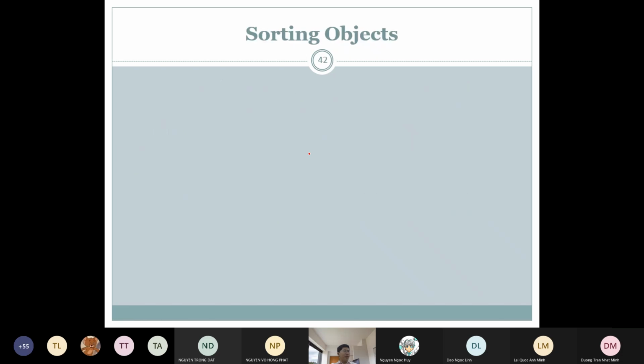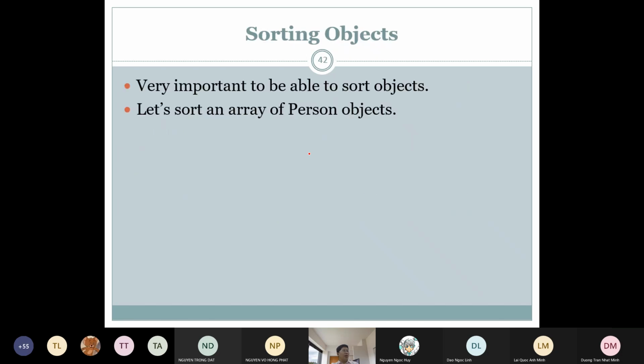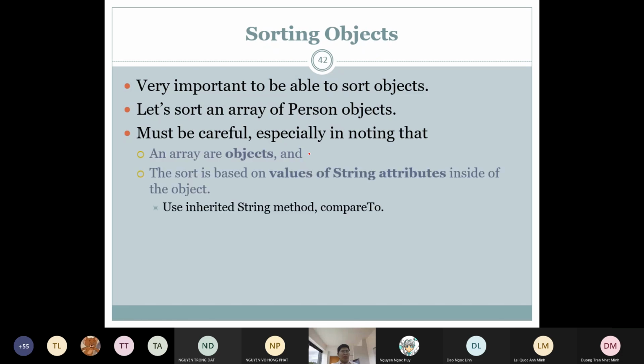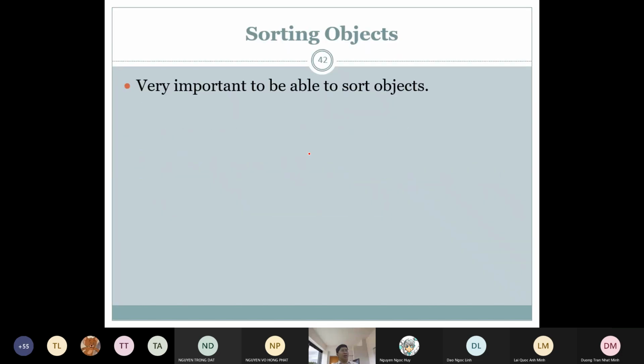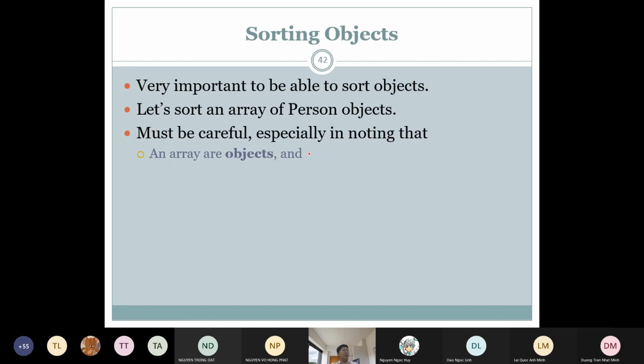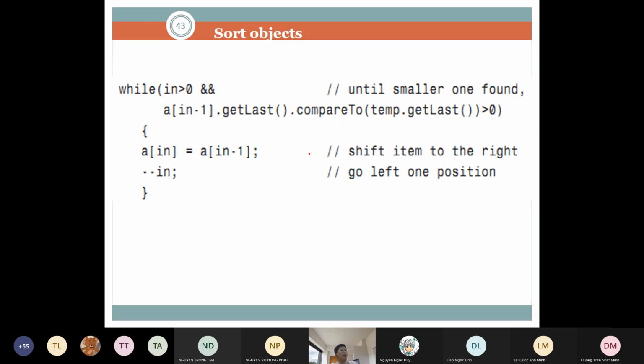So just to finish this section, of course, we can do the same thing with sorting objects. To sort an object, what we can do is almost the same.